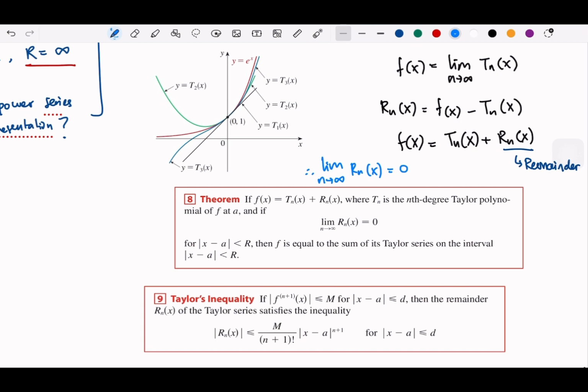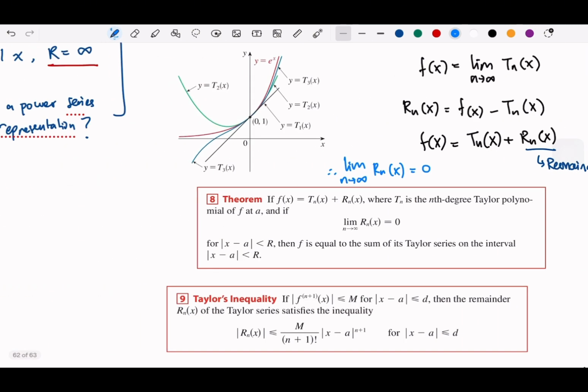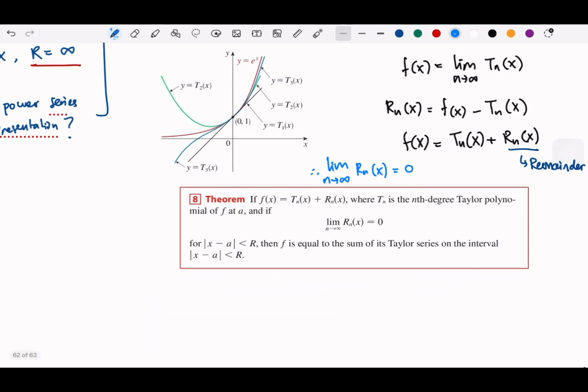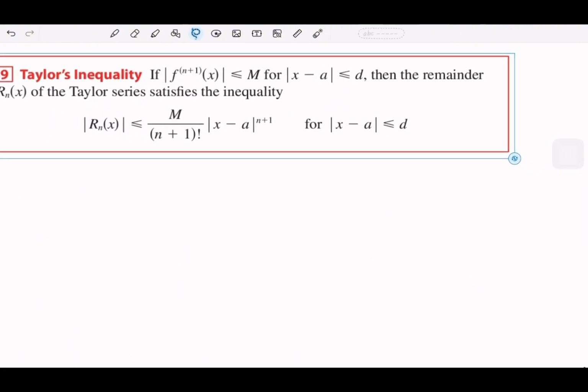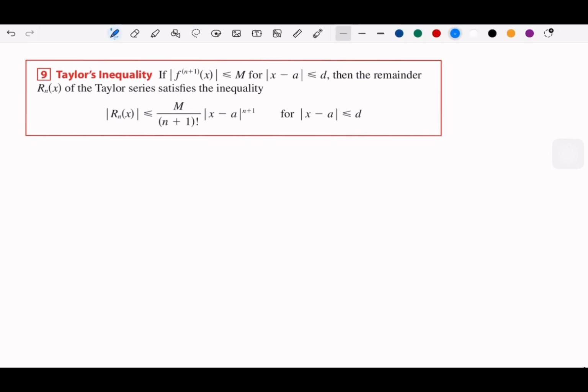Okay, so first we prove this. Let me take this into a new copy here.